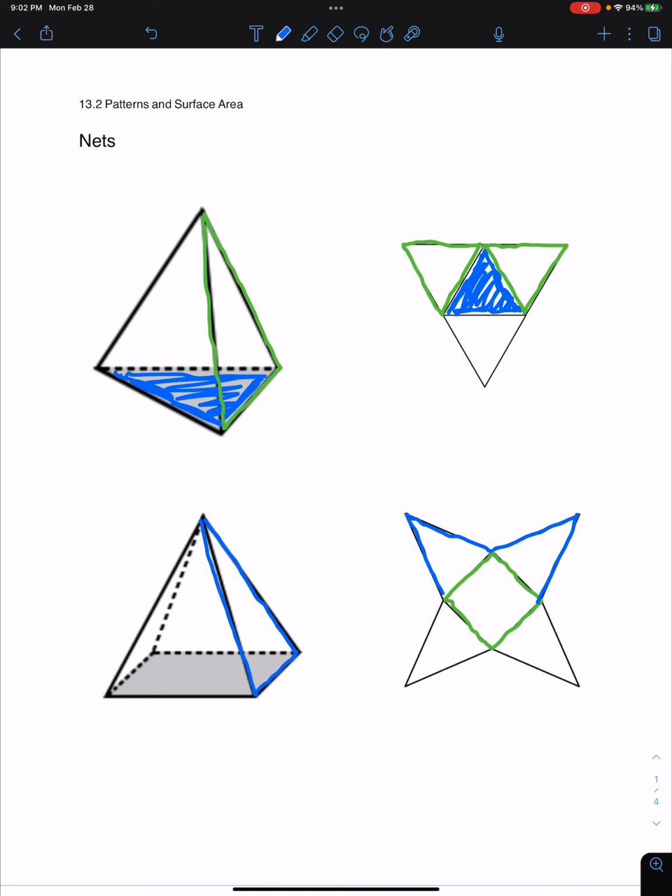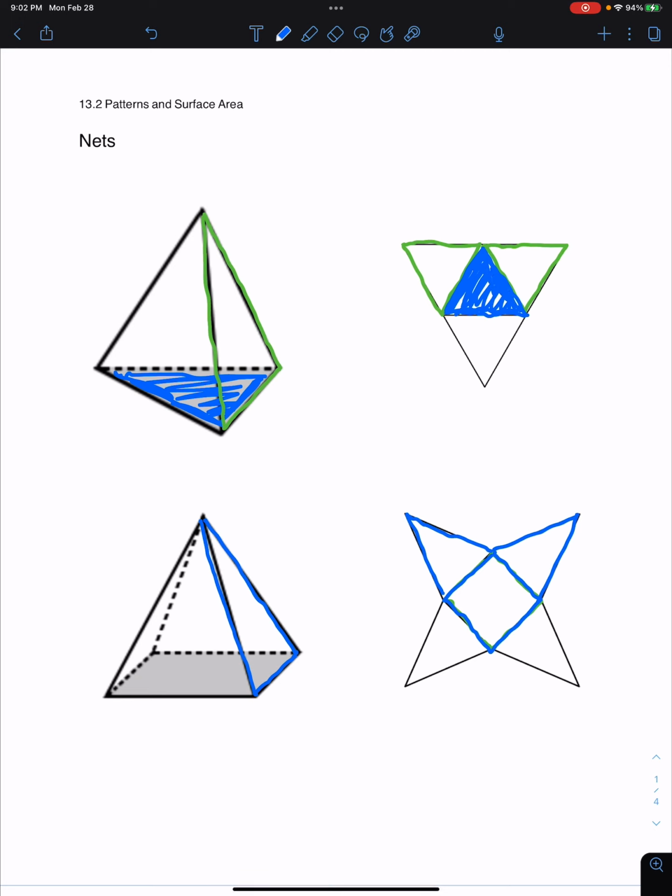However, the thing that differentiates our triangular pyramid from our square pyramid is going to be the shape of the base. Notice that our square pyramid, again, has a shape of the base that is square. Our triangular pyramid has a shape of the base that is a triangle.